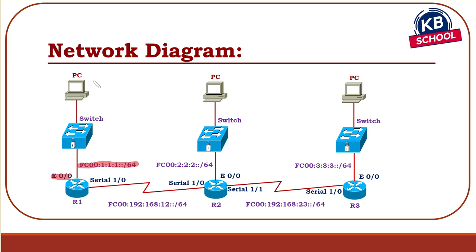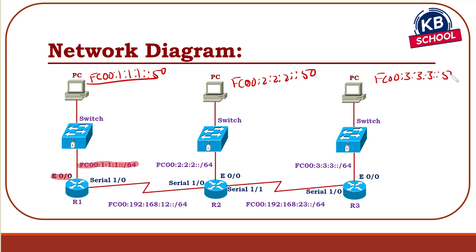The IP address of the PC is FC00:1:1::50. This one is FC00:2:2::50, and this one is FC00:3:3::50. The routers have ::3, ::2, and ::1 as IP addresses, and they would be the default gateway for them.